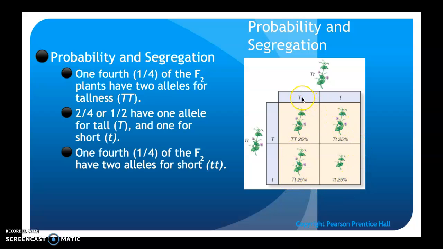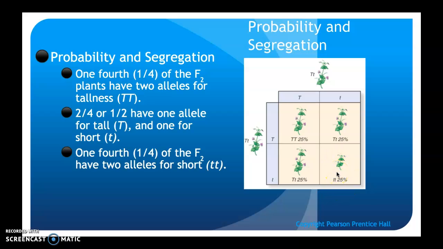So if the big T gamete joined this other big T gamete, then the offspring would have big T, big T, homozygous dominant. If the little t gamete joined the big T, we'd have big T, little t, heterozygous. And in this case, we'd have heterozygous again. And then the last scenario, if the little t gamete happened to join the little t gamete of the other plant, we'd have a short pea plant.